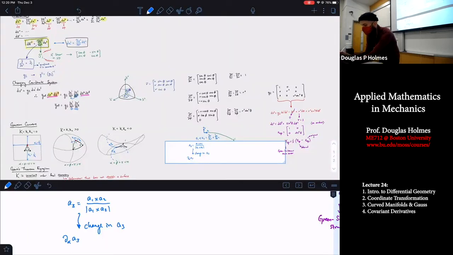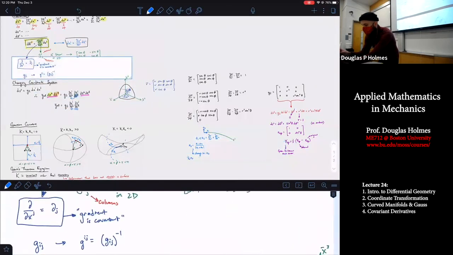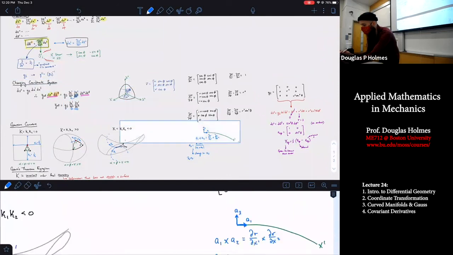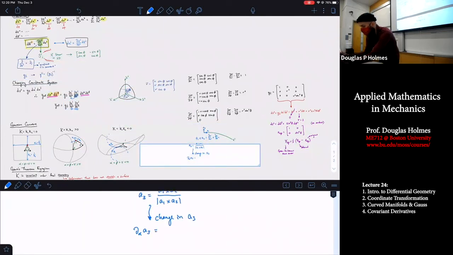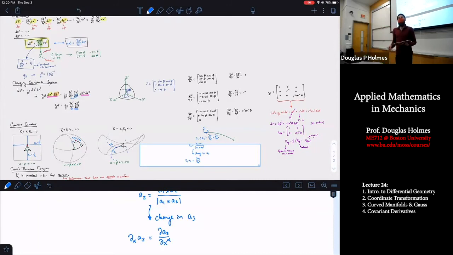So this is shorthand notation that I defined earlier up here, where I say that delta sub j is equal to d over dx to the j on whatever I'm operating on. So you could think of this as dA3 by dx to the alpha. So that's just step one.